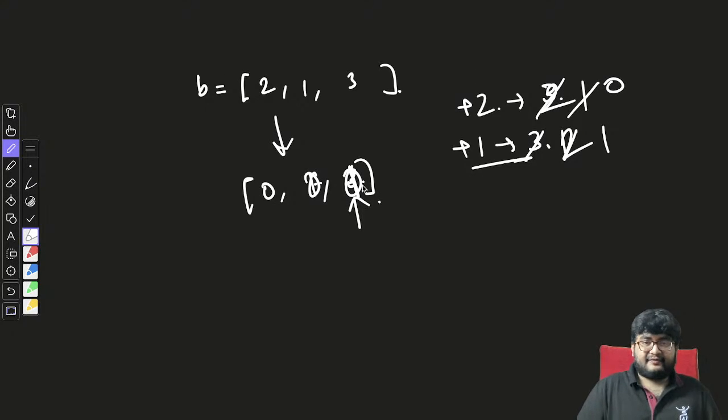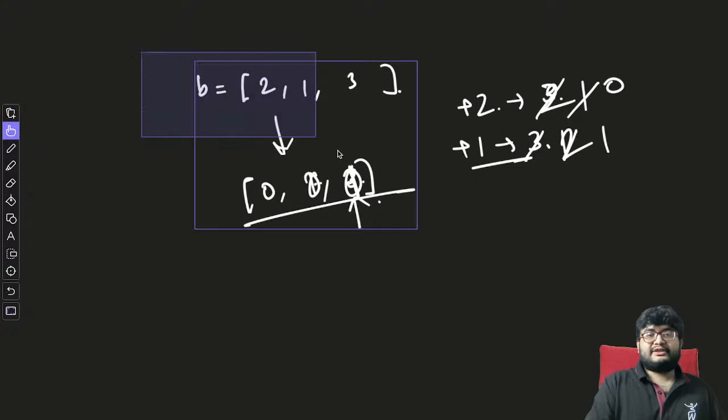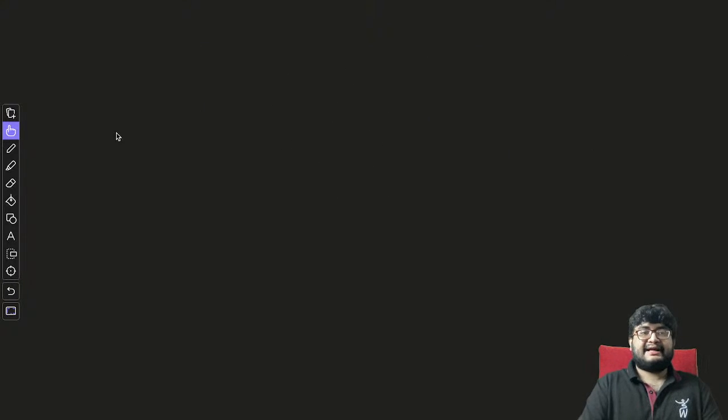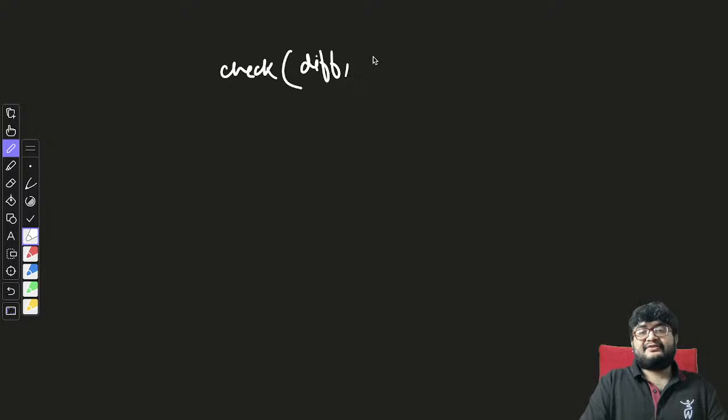Yes, the number of one moves, all of them should become 0, right? Exactly. So I can give a pseudocode for this. Let's call it check. We have the difference array, the one moves, and the two moves, right? First of all, go through the even elements.